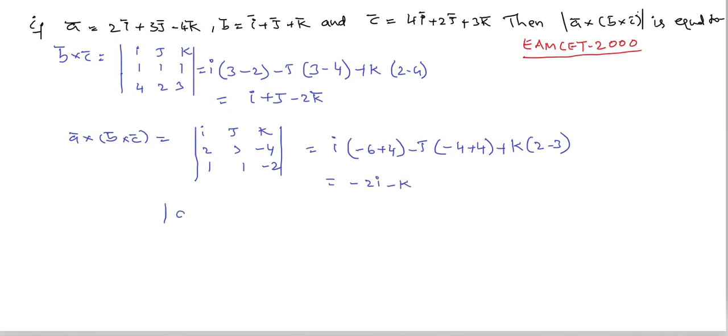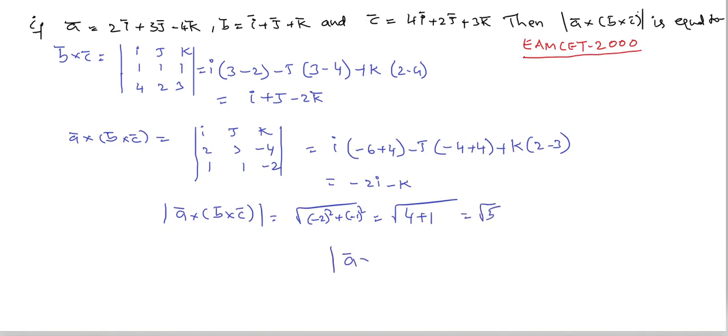So now modulus of a bar cross b bar cross c bar is equal to the root of minus 2 whole square plus minus 1 whole square, that is 4 plus 1, equal to under root of 5. Modulus of a bar cross b bar cross c bar equal to root 5.